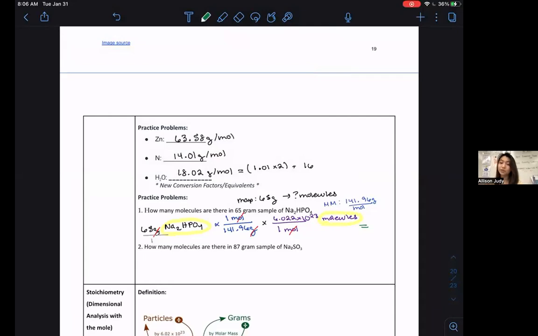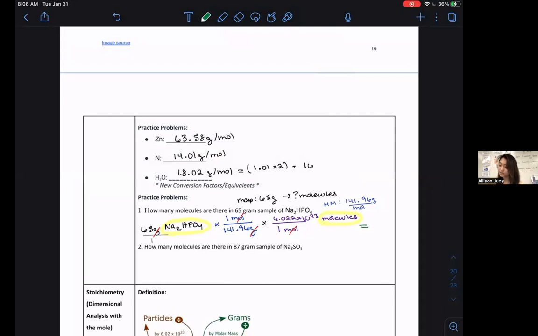So now I'm going to solve for the actual numerical value. I multiply all the top things together: 65 times 1 times 6.022 times 10 to the 23rd, divided by, in parentheses, 1 times 141.96 times 1.